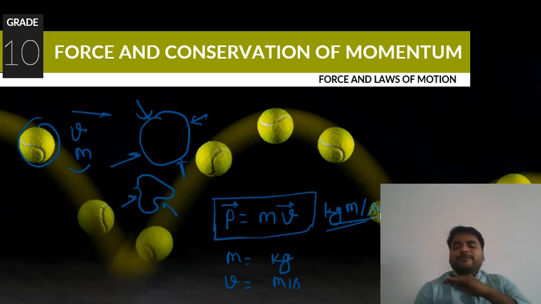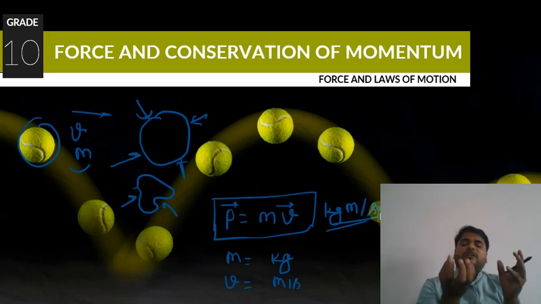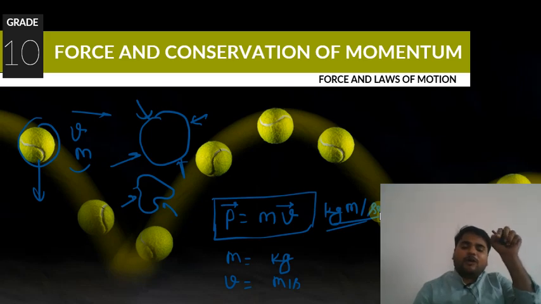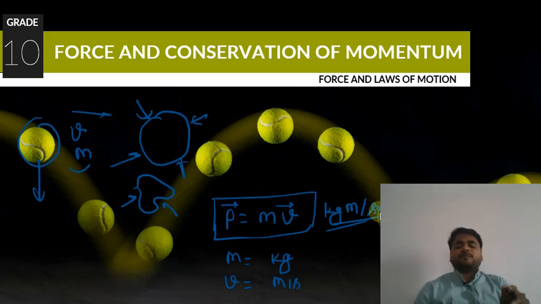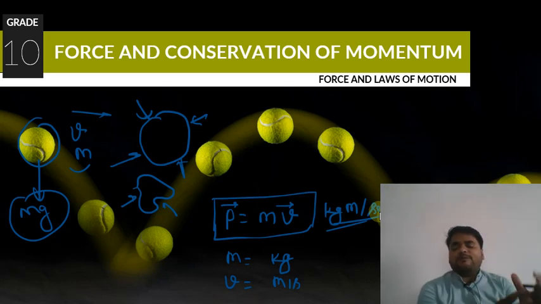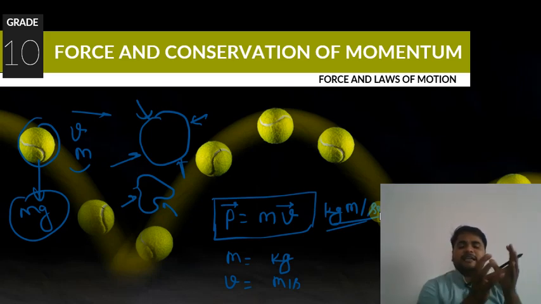But in the downward direction the object gets acceleration due to gravity, due to which it moves downward. So mg is the force acting on the object which changes the direction of the object continuously. It means force can change the shape of the object, the size of the object, and the direction of the object.